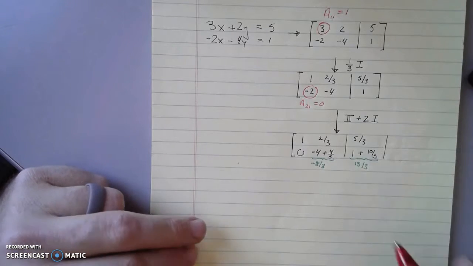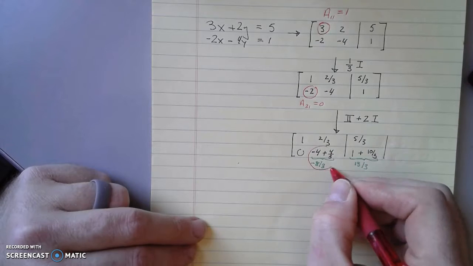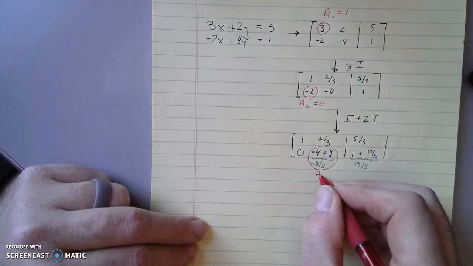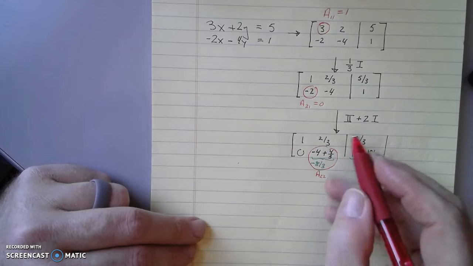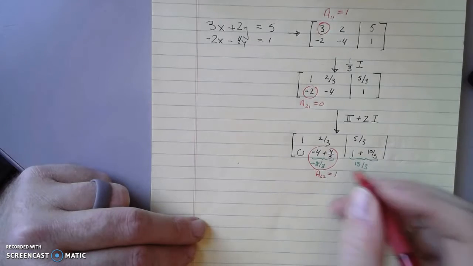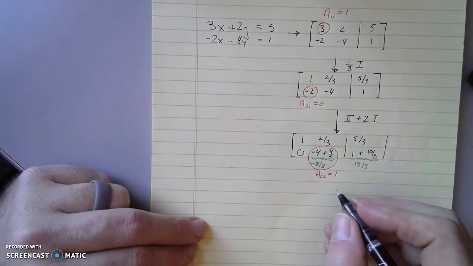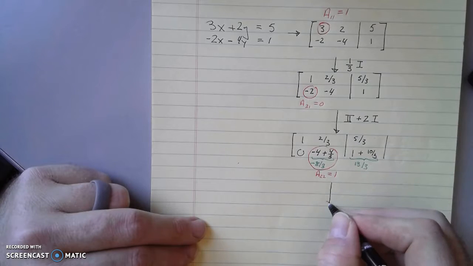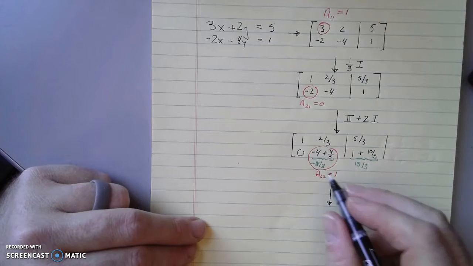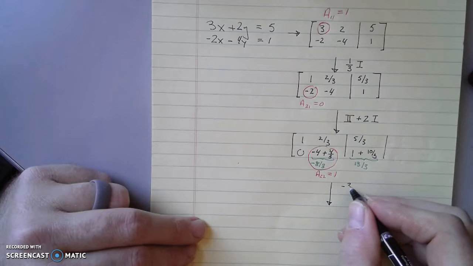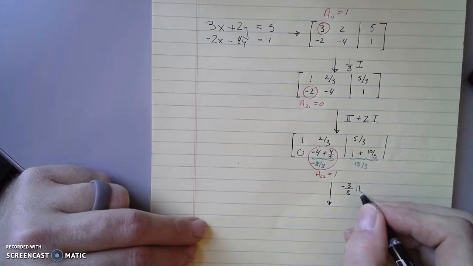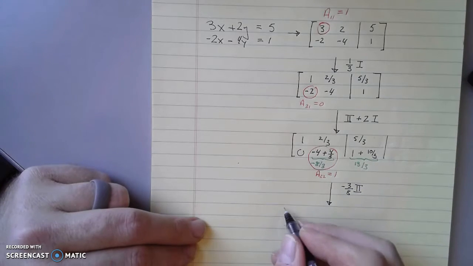Okay, next step is to make this number, which is A22, second row, second column, equal to 1. So let's see. We're going to multiply by negative 3/8, multiply the second row.